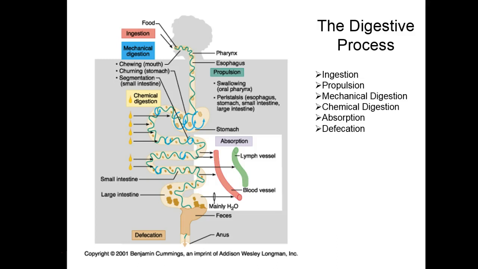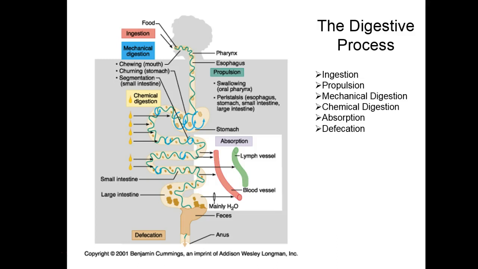You have chemical digestion, where an enzyme or an acid acts on the bonds of a particular macromolecule, breaking those bonds to make that macromolecule smaller and smaller. Absorption can be simple diffusion.